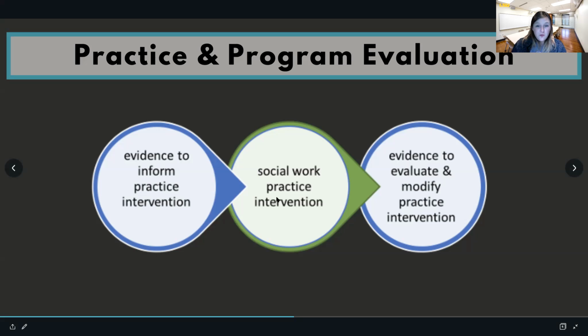And so that informs our social work practice intervention. And then the practice intervention again informs our evidence to evaluate and to modify the practice intervention. So after we engage in practice, we learn from that about what worked and what didn't, and then we evaluate it. And so this is how our program evaluation and research are connected.